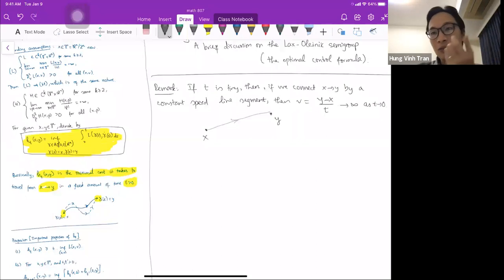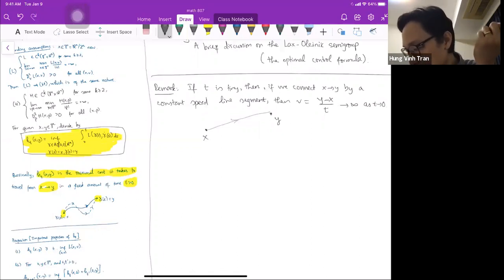And you see that's one of the reasons why, if we try to connect x and y rather suddenly, then the cost is going to be steep. If we do it this way in a constant speed line segment, let's say this line segment is eta, then the cost is the integral from 0 to t of L of eta(s), eta dot(s) ds.